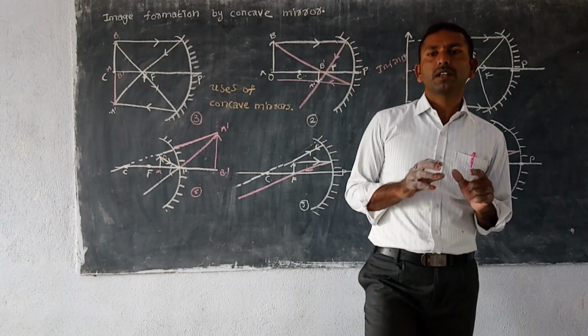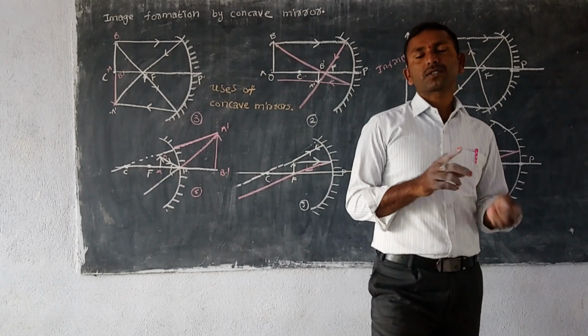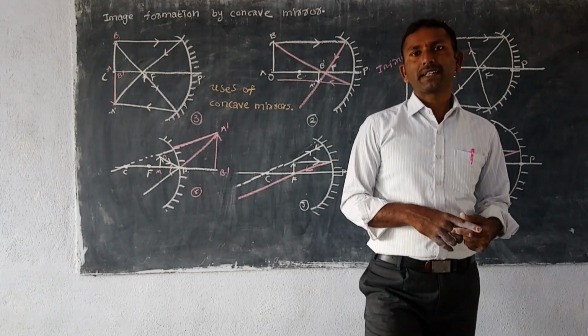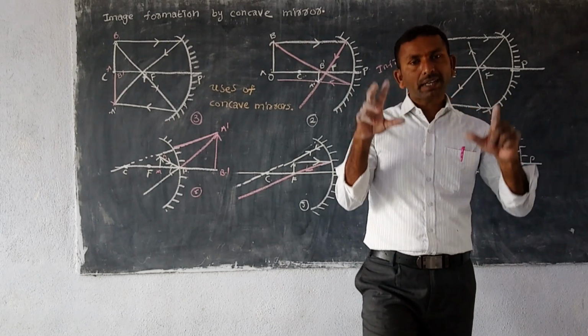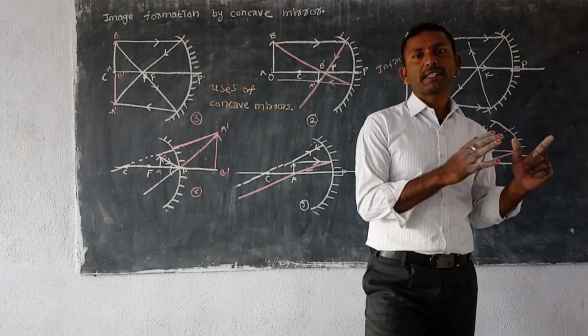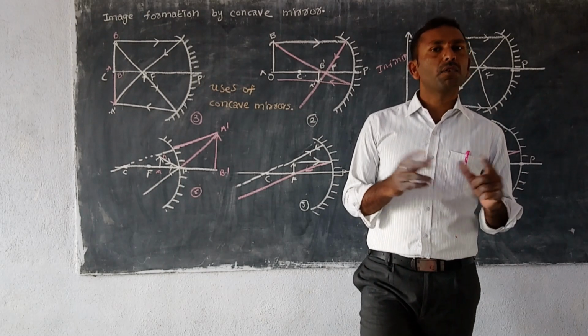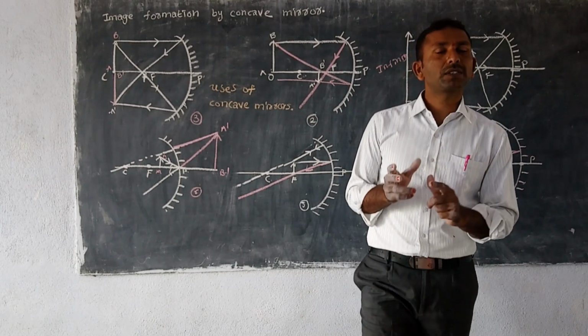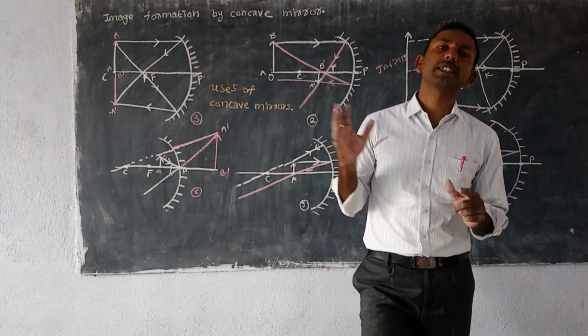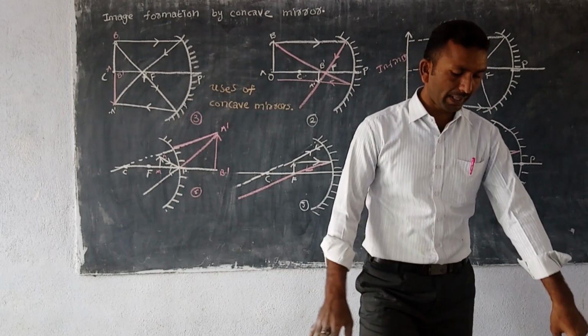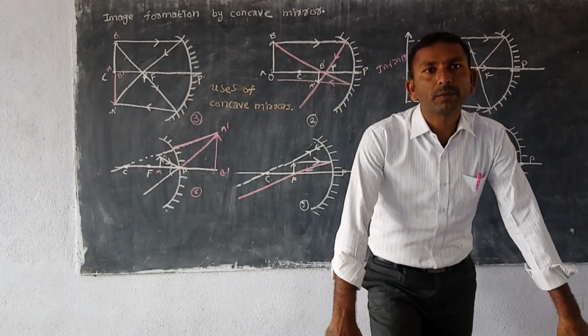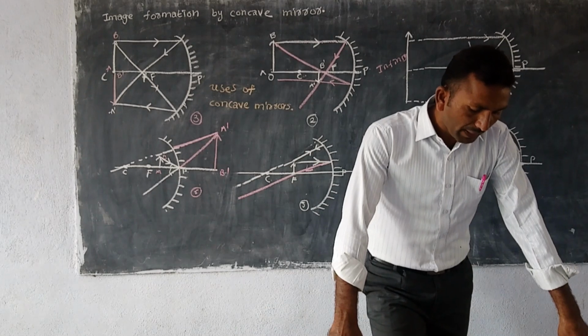If you remove the concave mirror from the place, you can see only dim light. It will not focus high power, but if you use the concave mirror, it focuses a high power beam of light. That's why we are using concave mirrors in the headlights of vehicles.